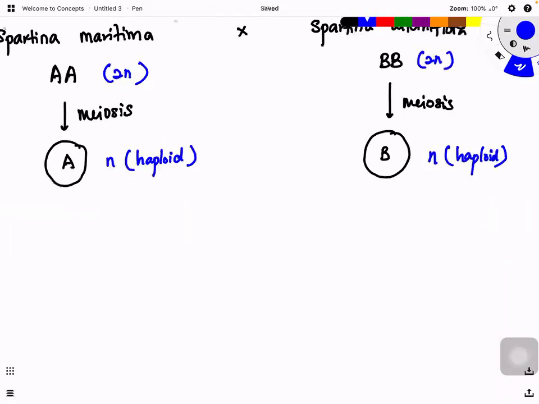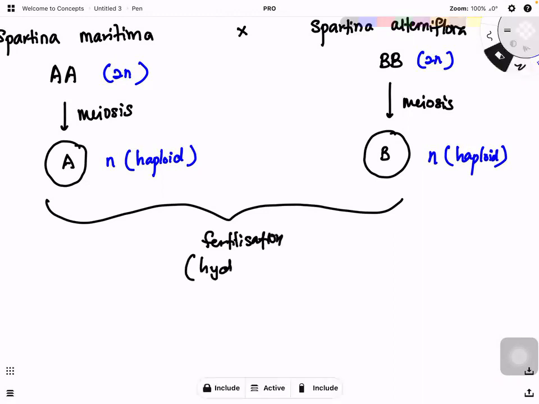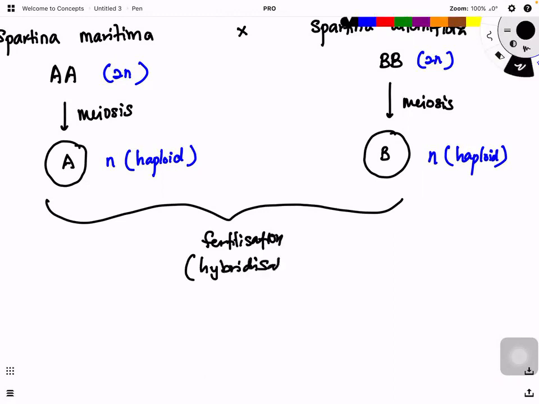If fertilization takes place between the gametes, or we say hybridization here because they are two different species, you are going to get the zygote AB.